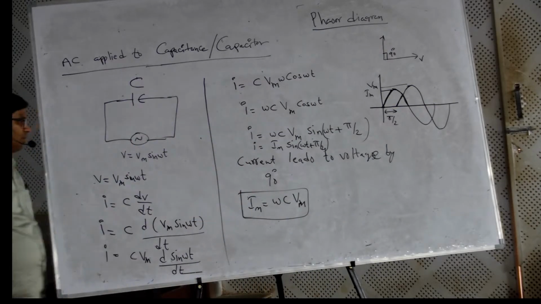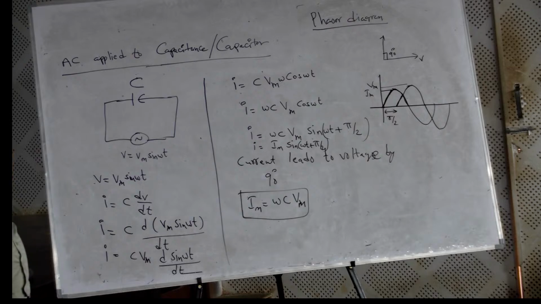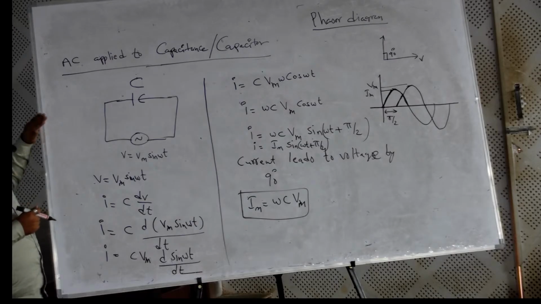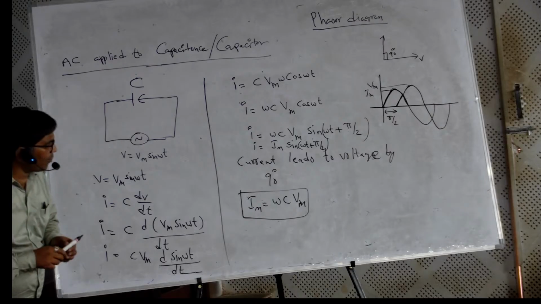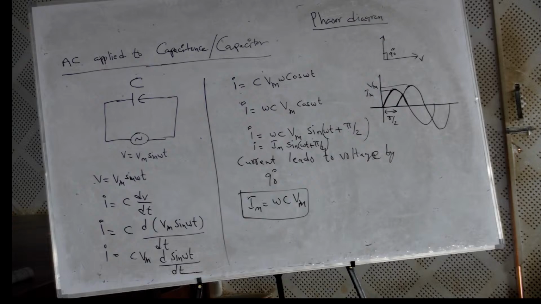When we apply an inductor to AC and a capacitor to AC, what are the different formulas we obtained? V is equal to Vm sin omega t, and I is equal to Im sin(omega t minus 90 degrees) for the inductor. Here V is equal to Vm sin omega t, and I is equal to Im sin(omega t plus 90) for the capacitor.